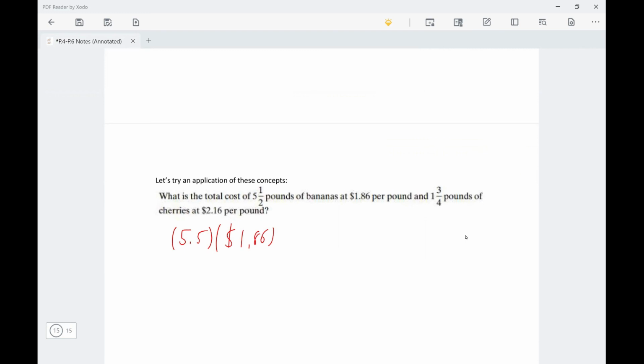And then we have to add that to the cost of the cherries that we buy, right? So plus, notice that 1 3/4 is the same thing as 1.75 as a decimal. And since we have more than a pound, it's going to cost more than $2.16. And the way that we can find that is just by multiplying it by how much it costs per pound. Okay.